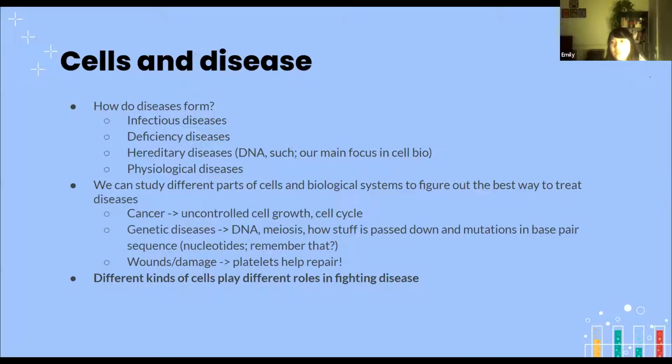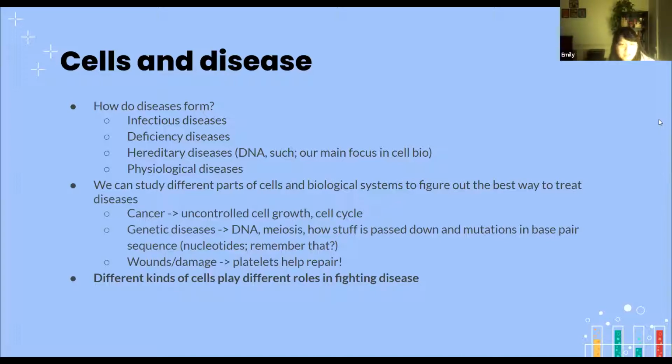In order to try and solve disease, we have to look at cells, which are again the building blocks of life. Using cells, we can figure out the best way to treat a disease based on how your body is going to react. A lot of diseases deal with the cell cycle, which we looked at last week.